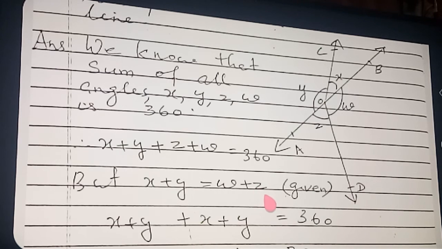Yes? So we can replace. Otherwise, in the x plus y place, you can write w plus z. It is not necessary that only x plus y changes or only w plus z changes. In short, in the place of x plus y, you can write w plus z. In the place of w plus z, you can write x plus y.